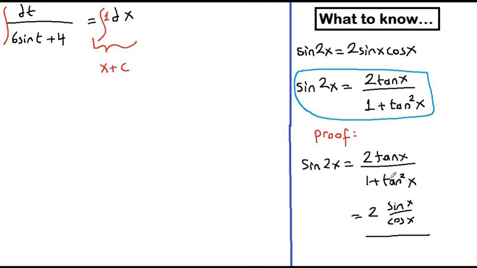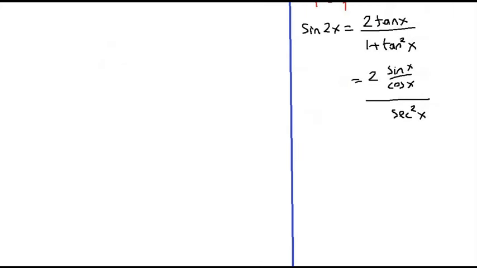And using the Pythagorean identity, we can rewrite 1 plus tangent squared of x as secant squared of x. And we can convert secant squared of x as 1 over cosine squared of x. Again, 1 over cosine is secant x. So 1 over cosine squared of x is secant squared of x.